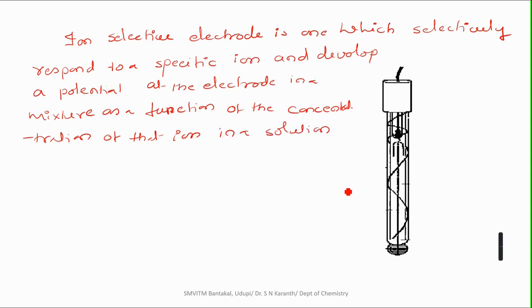Okay. Here, an electrode, say glass electrode, is an ion selective electrode.